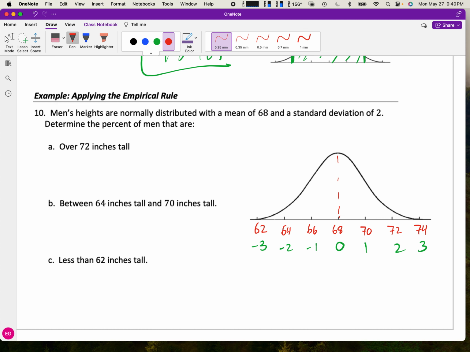So let's do some math here. We want to find the percent of men that are over 72 inches tall, so over 6 feet. So we would say, I want to find an x value that is over 72. And what I can do is turn that into a z-score, and 72 is associated with 2, if we look over on the little graph there. So I'm looking for a z-score that is greater than 2, and that's this part right here. Lots of different ways of doing it.